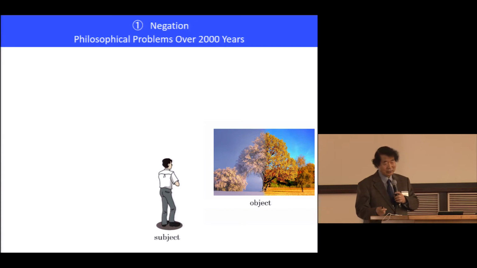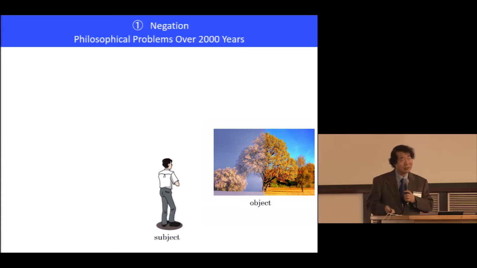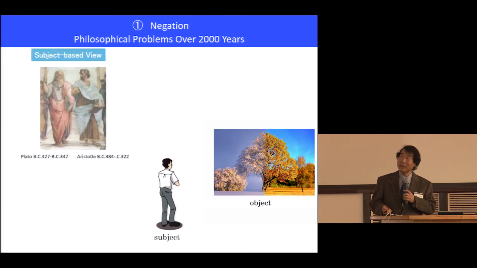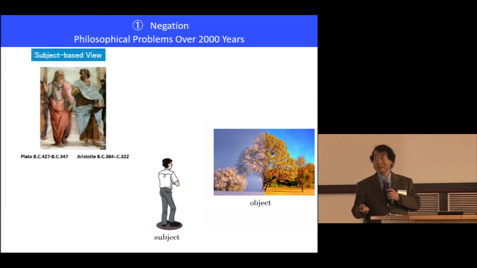What is negation? There have been 2 different kinds of views in order to understand the outside world. One is the subject-based view directed by Plato or Aristotle.